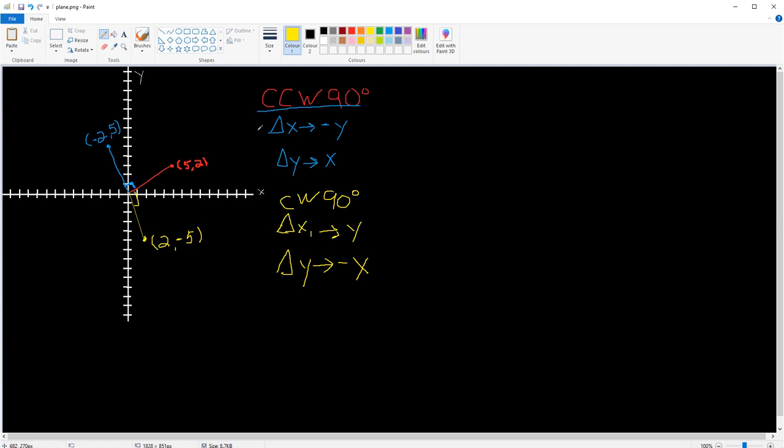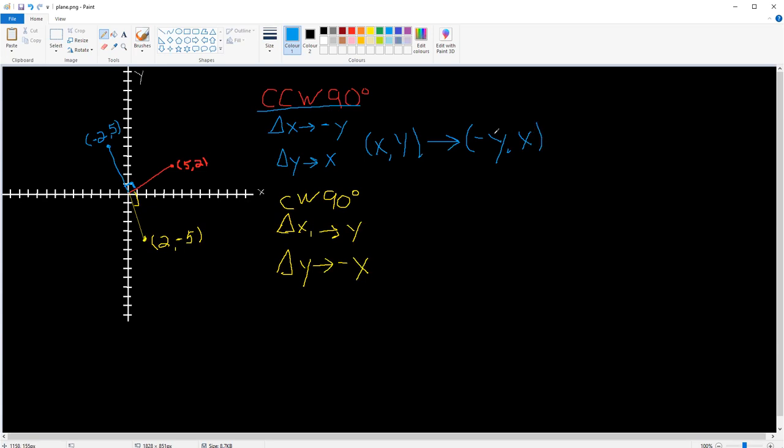Okay, so algebraically, our description for this one up here, the blue one, would be (x, y) would translate, or correction, would rotate to (-y, x).